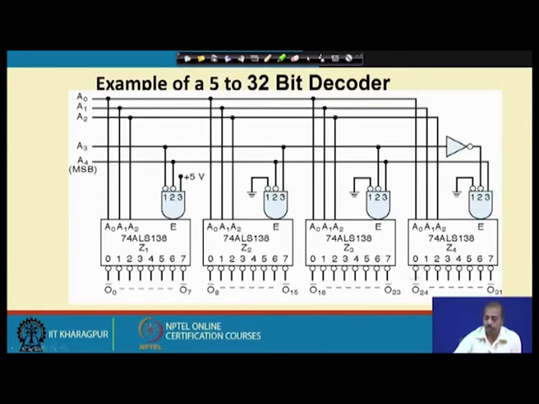As a result all other outputs will be high, but depending upon the value of A0, A1, A2, one of the outputs from this set will be low. So, you see that I do not need any extra gate, only thing is that we apply E3, E2, E1 properly, so that these 4 to 8 decoders can be used to construct a 5 to 32 decoder. That is why we have multiple enable lines.